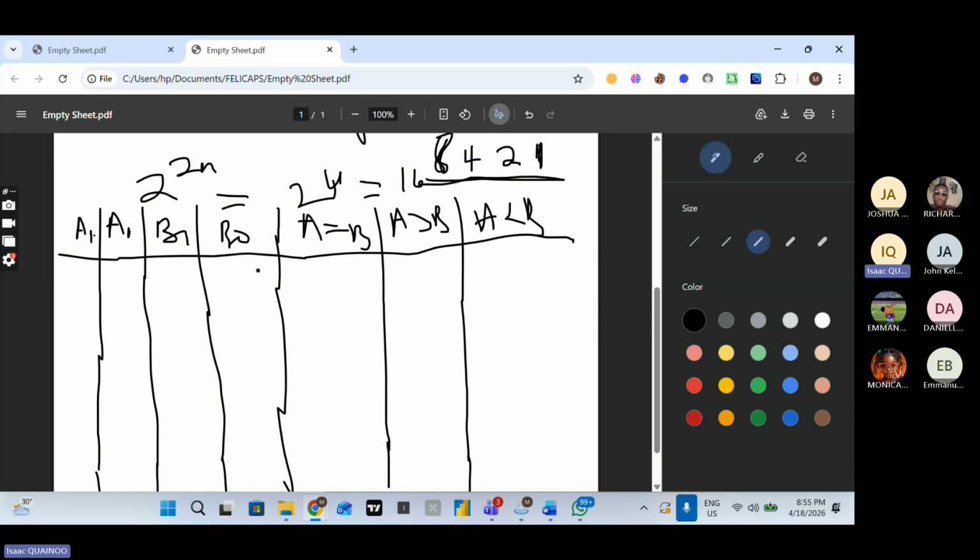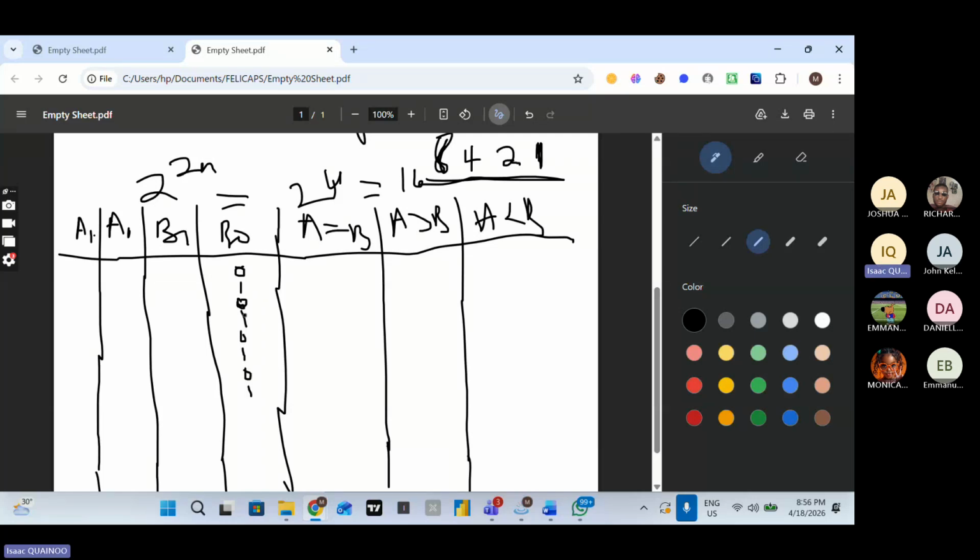We always start with our B0, which is our last input, takes a 0, right? So at the 1 column, it means that every binary number can be repeated only once. So we have 0, 1, 0, 1, 0, 1, 0, 1.